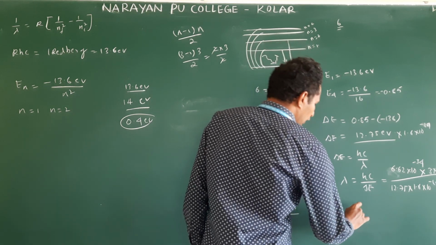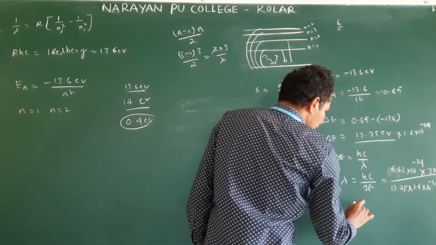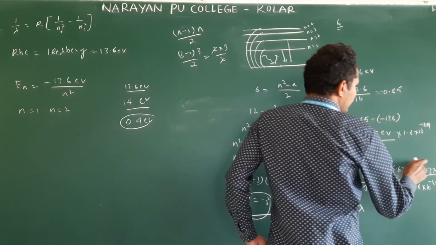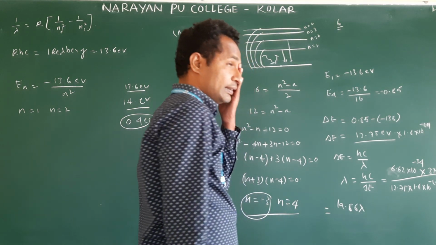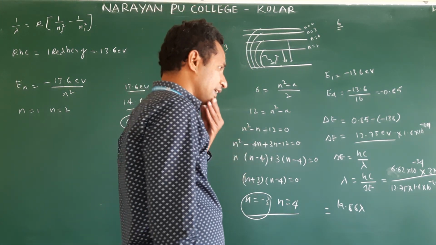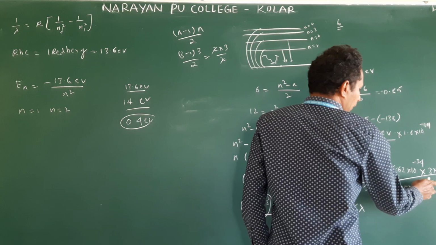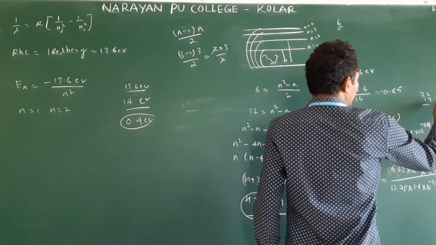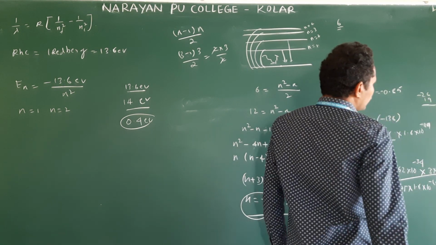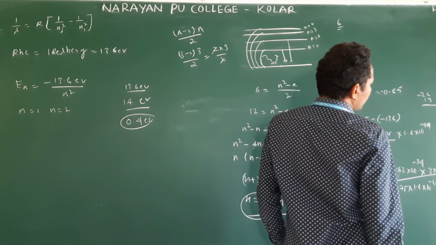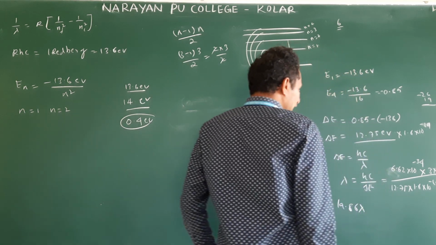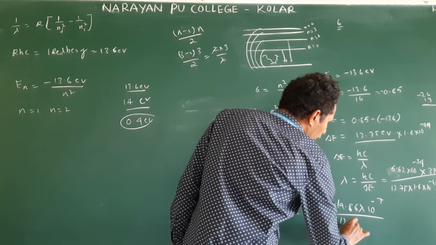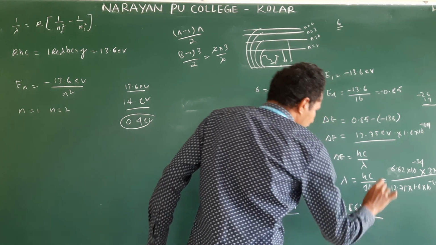Then this, how do you write? 6 multiplied by 3 is 19.86, into 10 power minus 34 plus 8 is minus 26, minus 26 plus 19 is minus 7. So it is 19.86 into 10 power minus 7 by 12.75 into 1.6.